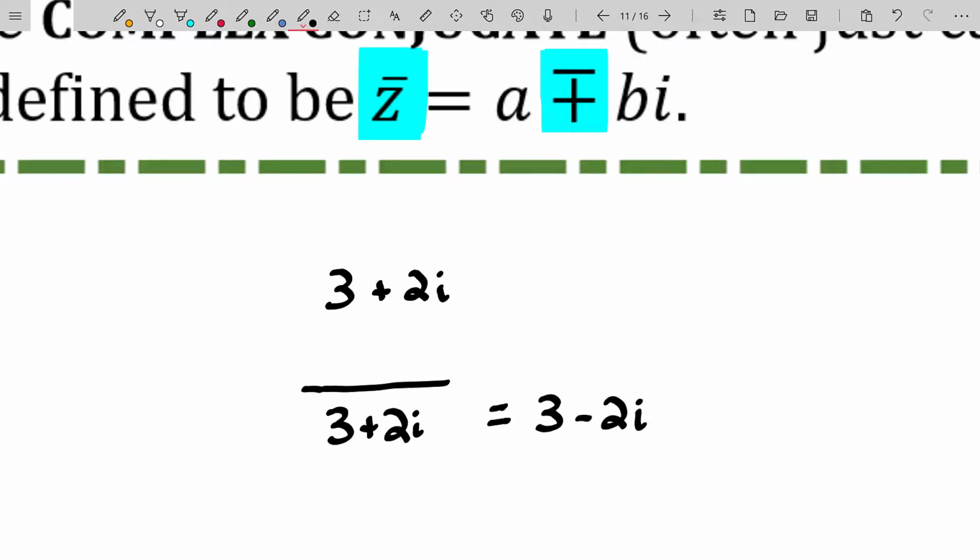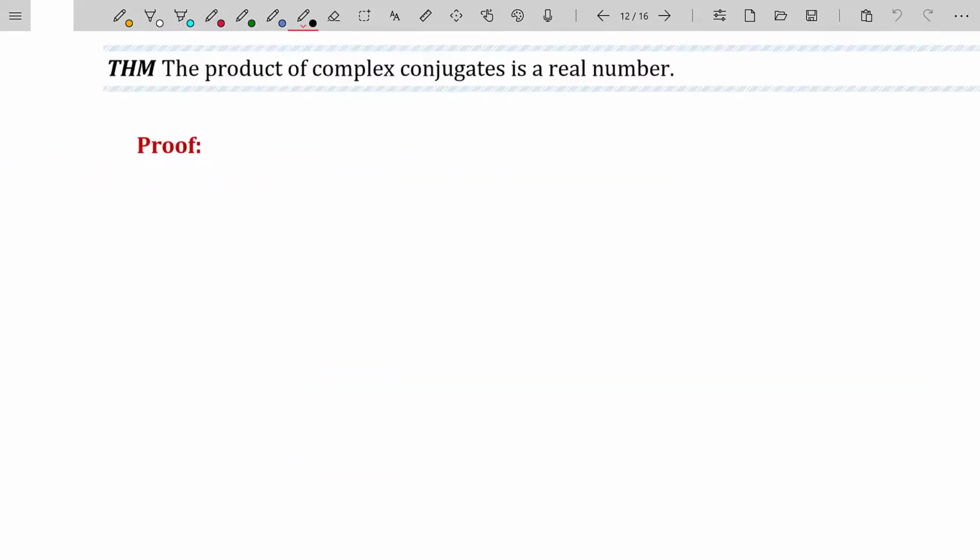So this notation right here just tells us we're going to look at the conjugate of the complex number that's underneath that upper bar. And as we've said in the previous examples, the product of complex conjugates is a real number.